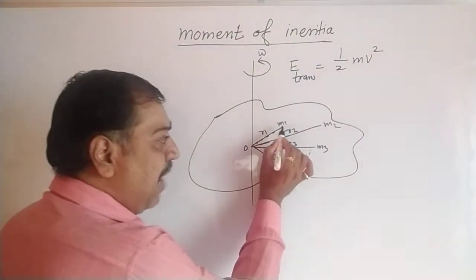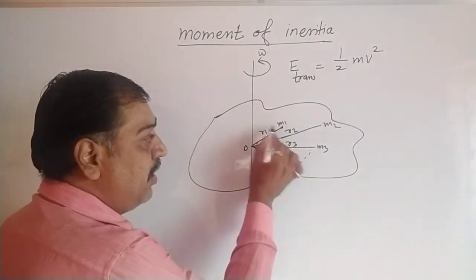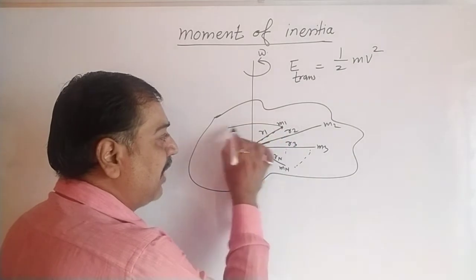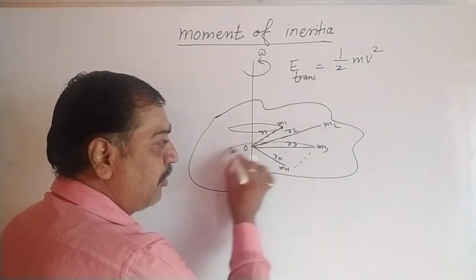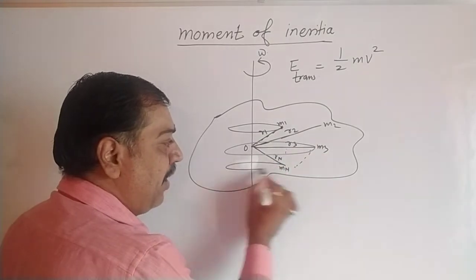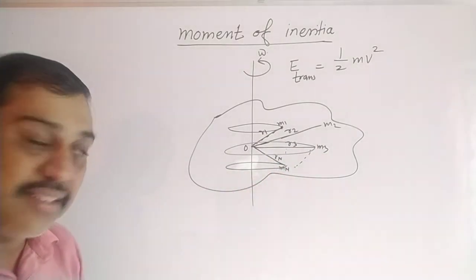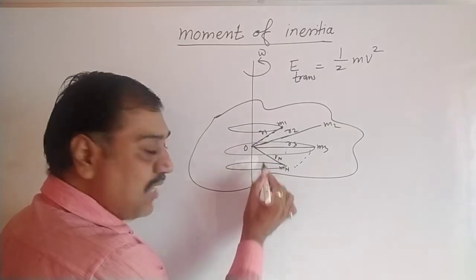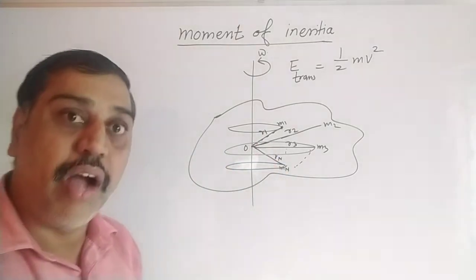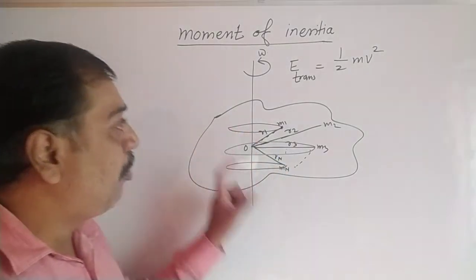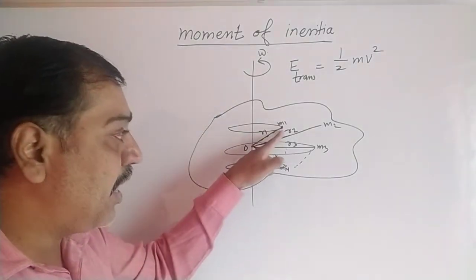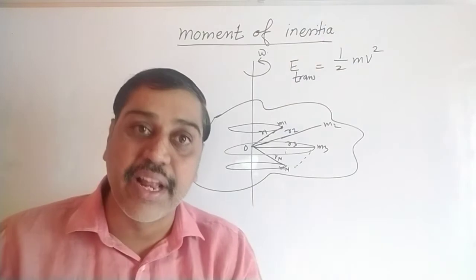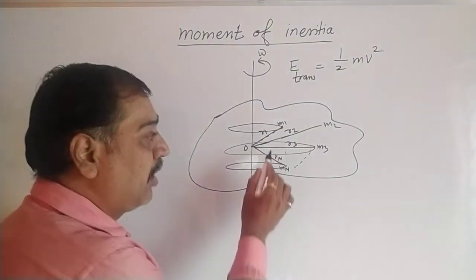So mass m1, as this is rotating, is also rotating about the axis like this. m2 is also rotating like this. m3 is rotating like this. So on up to mn is also rotating like this. If we consider these circles are of different radii, still the whole body is moving with a constant angular velocity omega. Every particle is moving with different linear velocity because they have to cover different circles.